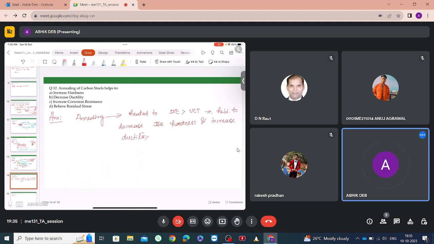See, increase hardness, this is wrong, it is done to decrease hardness. Decrease ductility, no, it is done to increase the ductility.